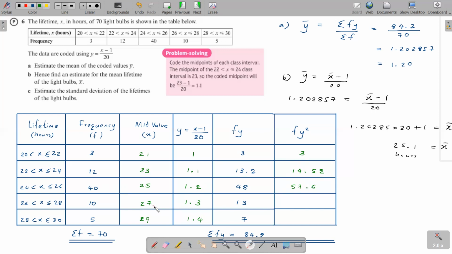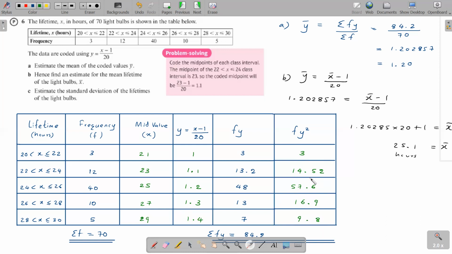The next one, frequency 10 multiplied by 1.3 squared, 16.9. 5 multiplied by 1.4 squared, 9.8. Okay, so now add everything.